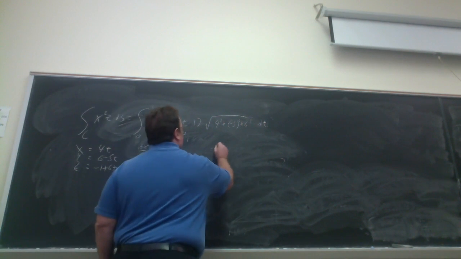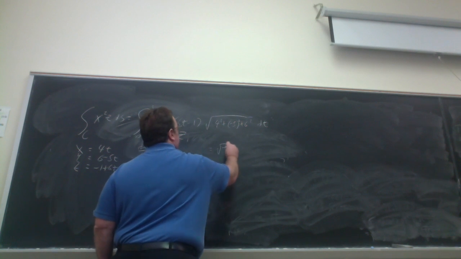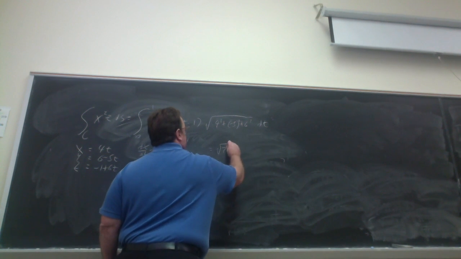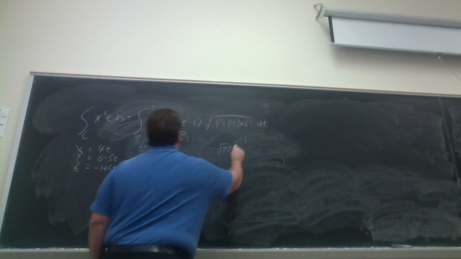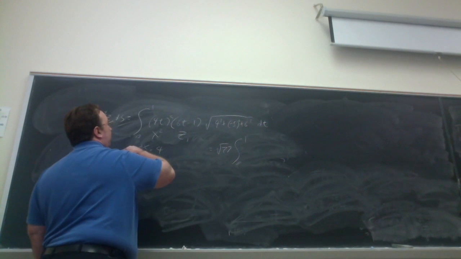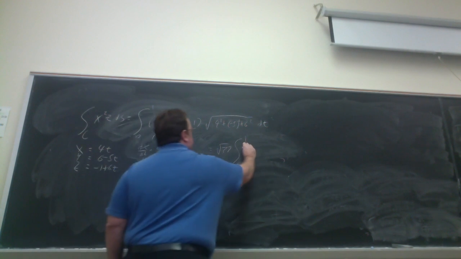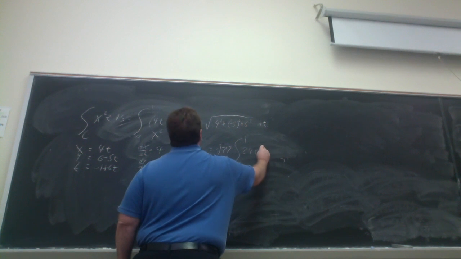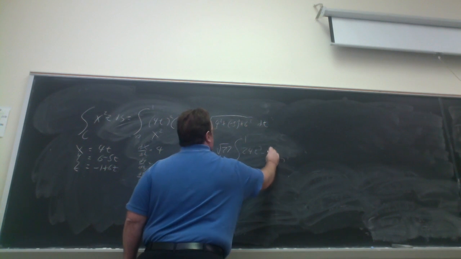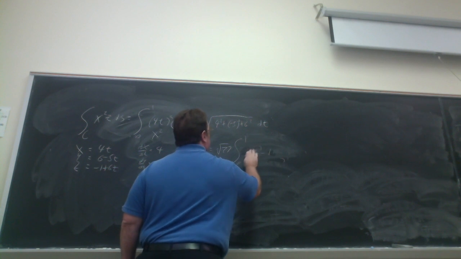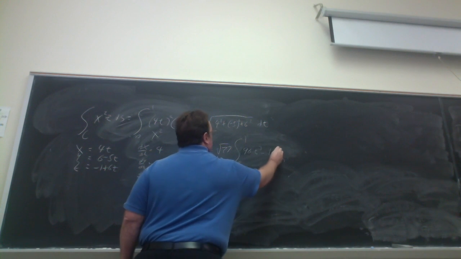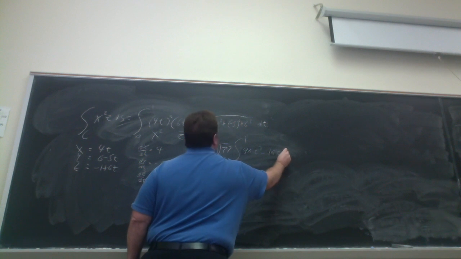So this turns out to be square root of 77, and then integral from 0 to 1 of 24t cubed minus 96t cubed minus 16t squared.